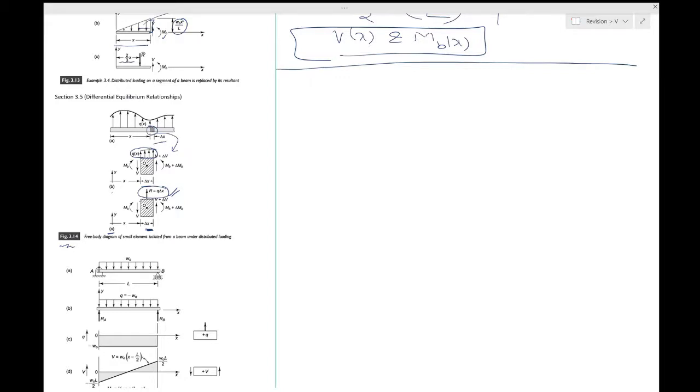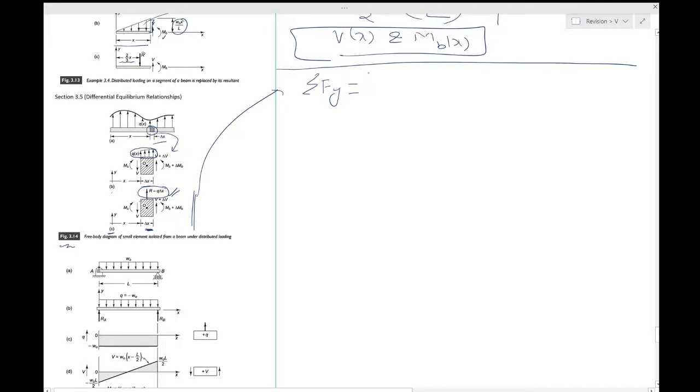Since you have figured out that you can replace this R as q delta x, and it must be in the center of this small element, now you would want to write the equilibrium equations that this element of length delta x is satisfying. So let's see what those are for this C.